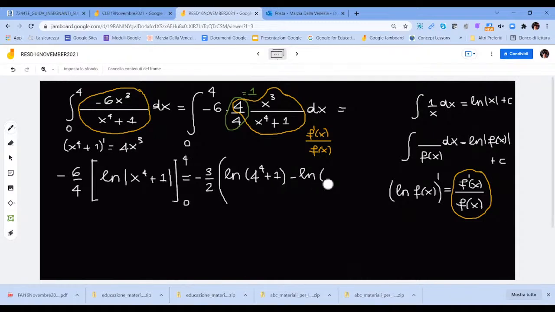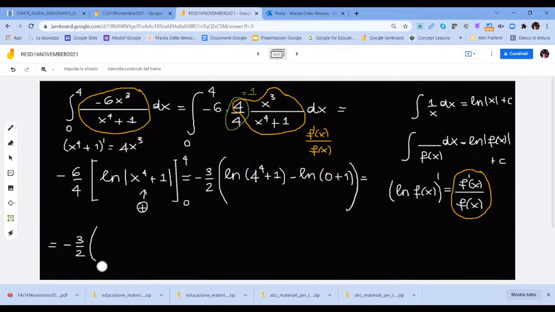Of course, the absolute value is not needed, because this is already positive, being an even power of x plus 1, so everything is positive even if I substitute 0. Okay, so that is minus 3/2 times, what is 4 to the fourth?